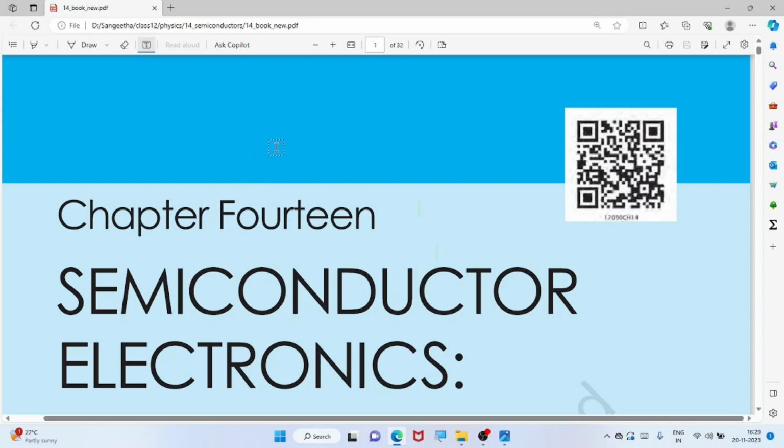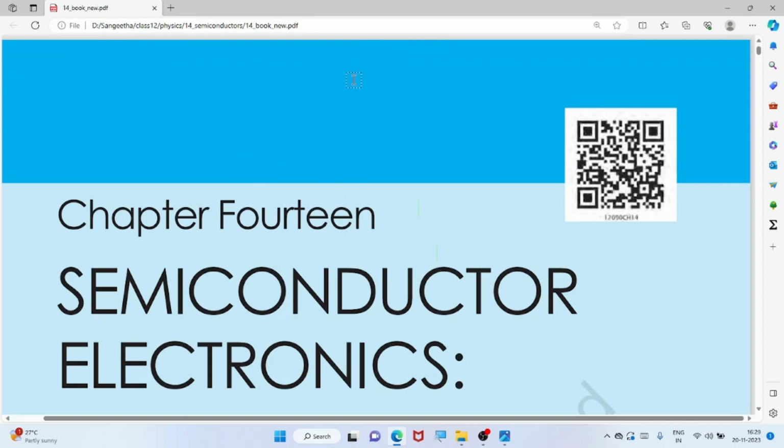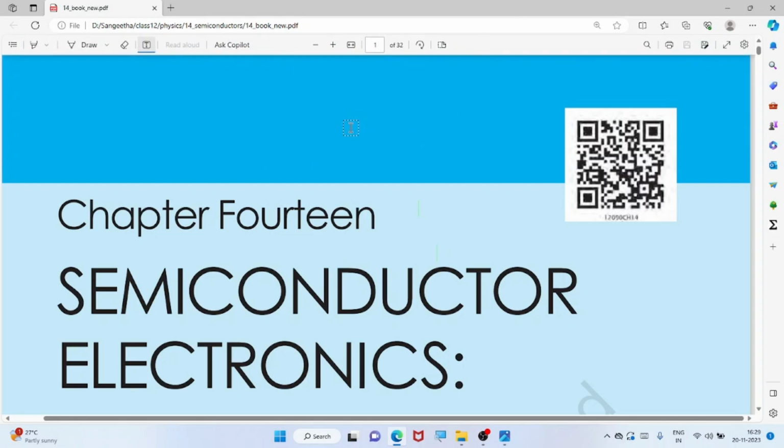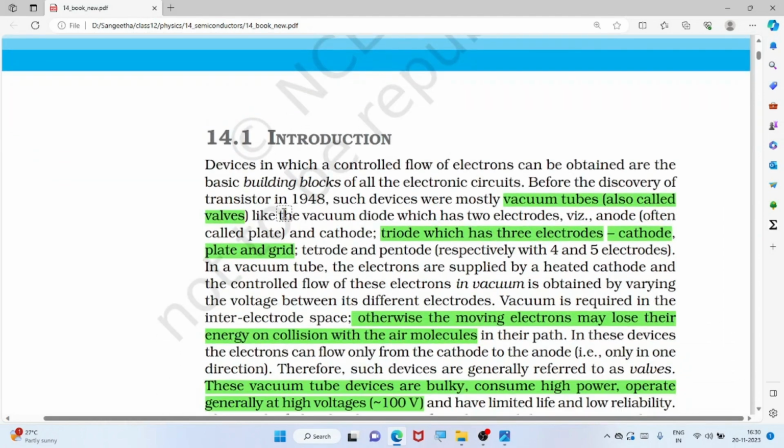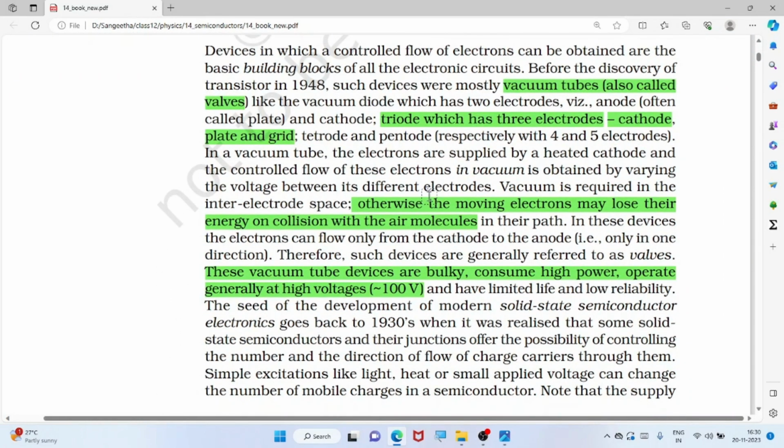Okay, we will go through some important points in the class 12 physics chapter 14, semiconductor electronics: materials, devices and simple circuits. In earlier days we used vacuum tubes to control the flow of the electrons, with three electrodes, four electrodes.